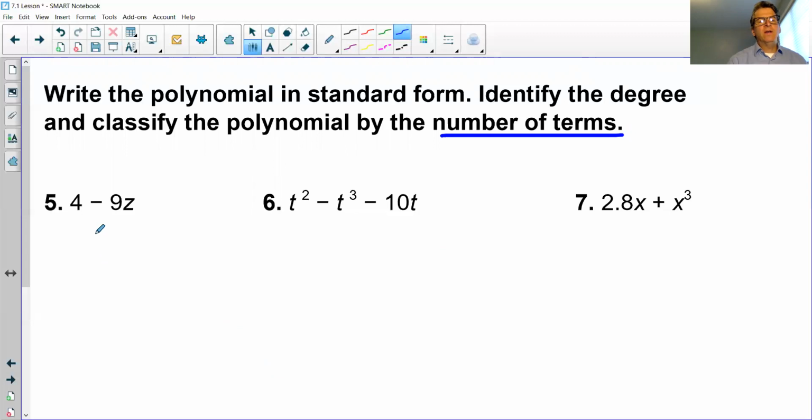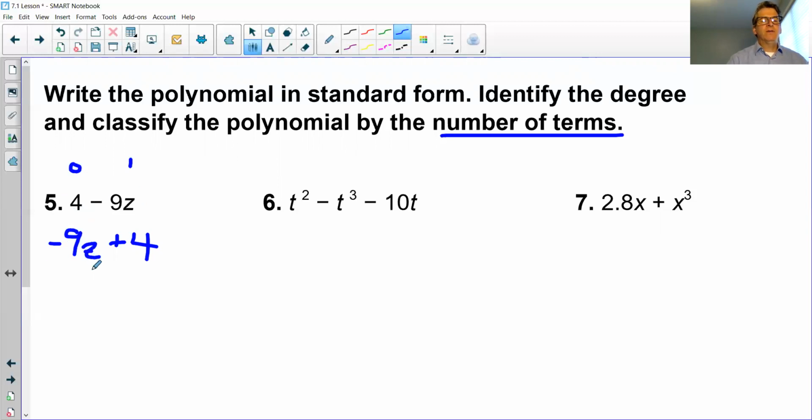So this first one, in standard form, 4 minus 9z would be negative 9z plus 4. Now why? Because negative 9z has a degree of 1, because it has a little exponent of 1, and 4 has a degree of 0. So in standard form, you always put the highest degree term first, negative 9z.